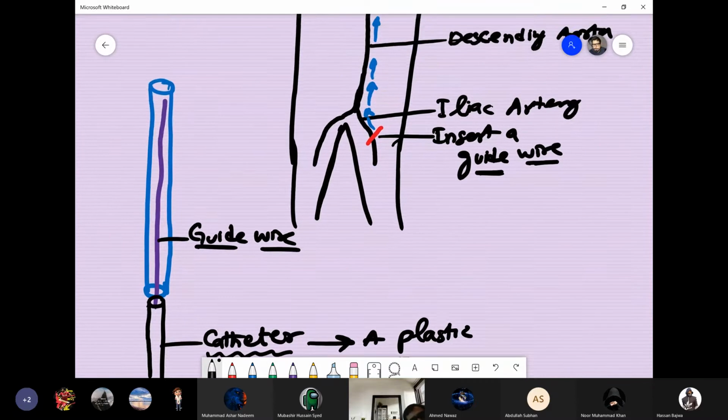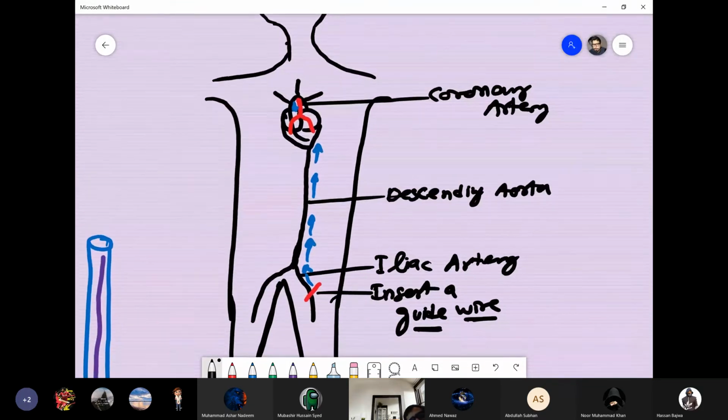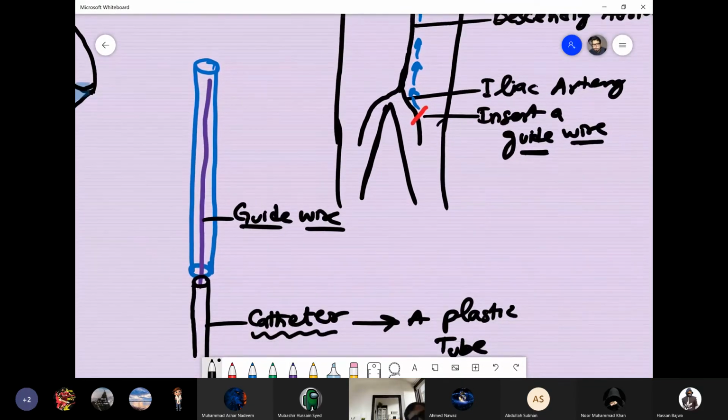So what the doctor will do is insert this plastic catheter. The job of the guide wire is that it will take the catheter to the coronary artery. So the doctor will keep on pushing this catheter inward. The catheter will keep on moving up like this. Got it?